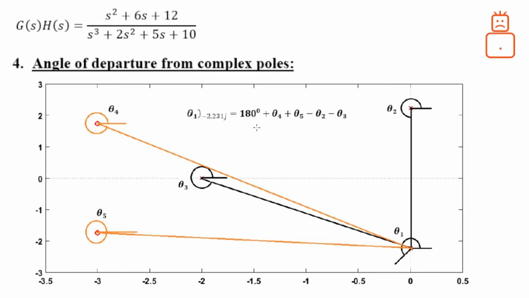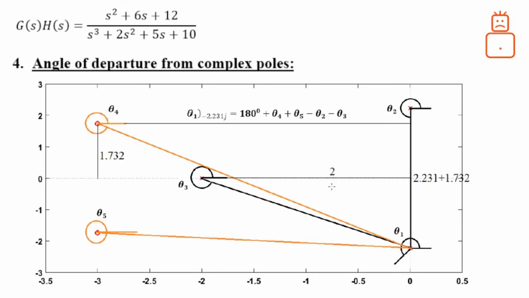The formula will be θ4 and θ5. These are the angles coming from the zeros to the corresponding pole, and θ2 and θ3 are the angles coming from the poles to the corresponding pole θ1.